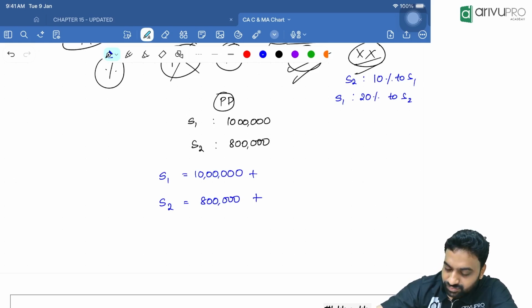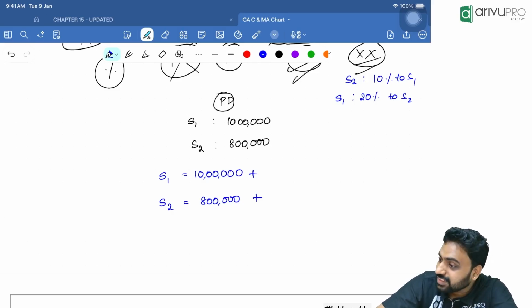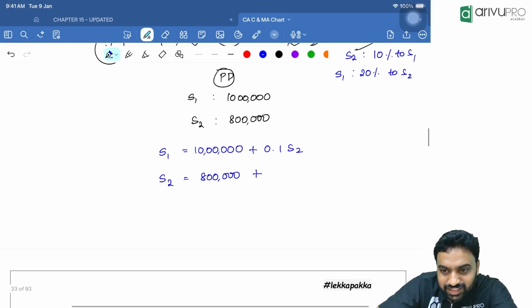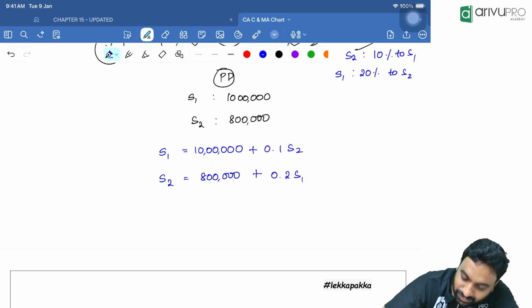Now S1 is equal to 10 lakh plus 10% of S2. I don't know how much S2 is, so I will take the overhead of S2 as S2, then it will be 0.1 S2, and S2 is 0.2 S1.